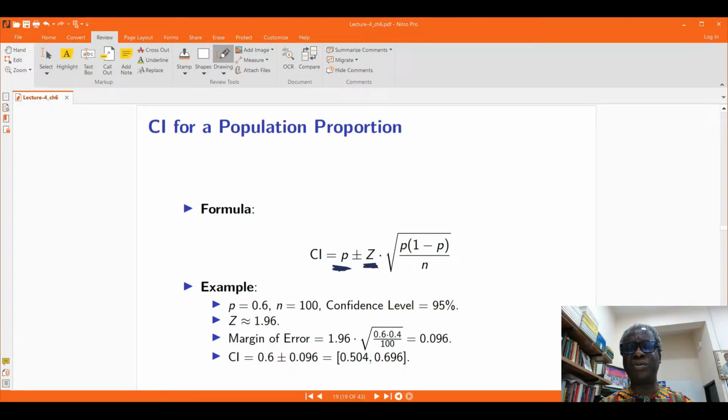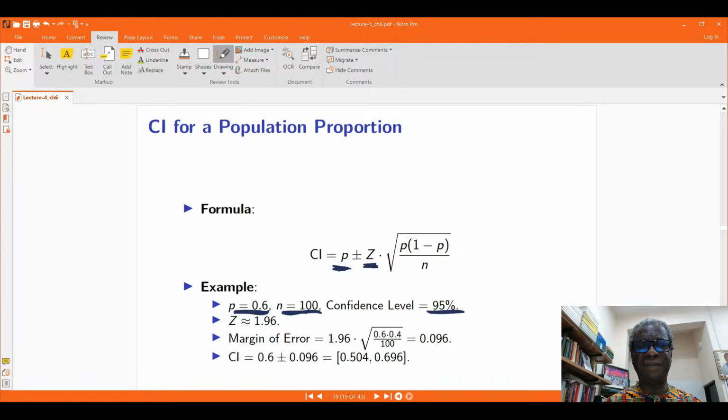You multiply by the square root of the product of the proportion of success and the proportion of failure divided by the sample size. So our sample proportion is 0.6, sample size 100, confidence level 95%.